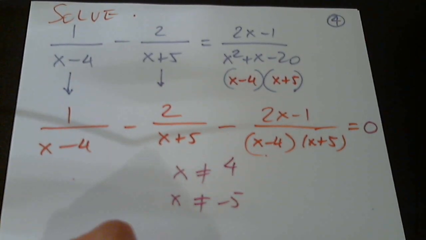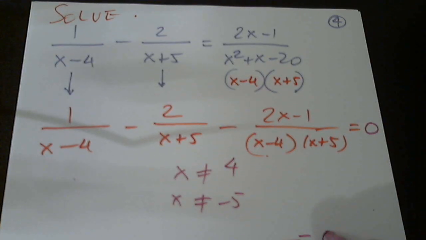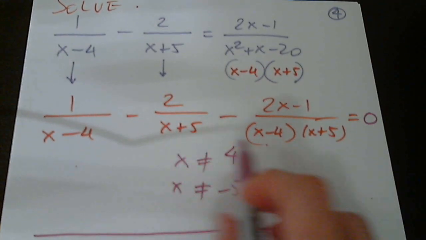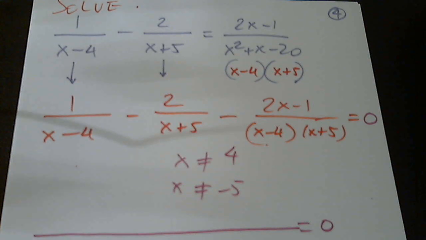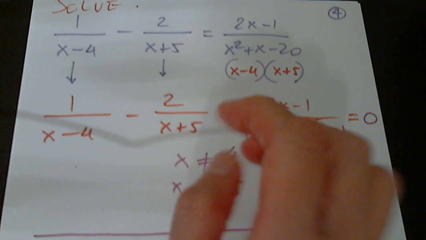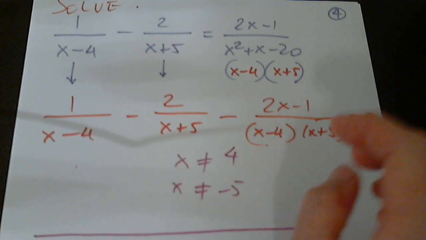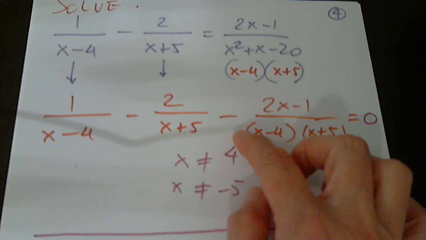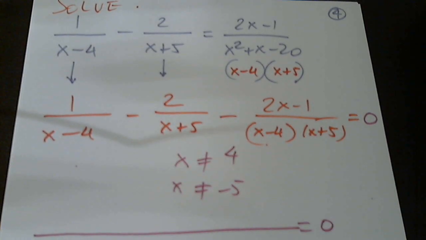Now, can anyone look at this, and this, and tell us what is the least common denominator? We are looking at x minus 4, x plus 5, and x minus 4 times x plus 5. These three denominators have the least common denominator.